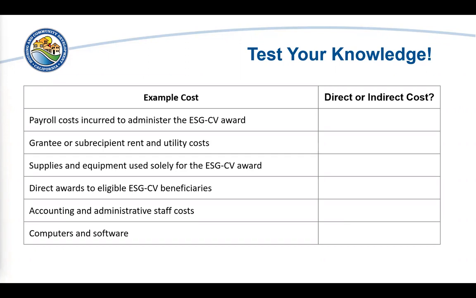In some of these cases, depending on how your agency actually charges your costs, it may be direct for you, but indirect for others. So the answer here is a little nebulous in that there's a justification either way. But what we want to be looking for here is the most common examples, the examples we discussed today, of whether these are often direct costs or indirect costs.